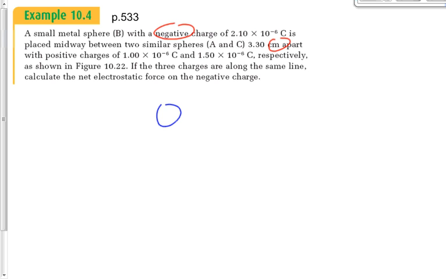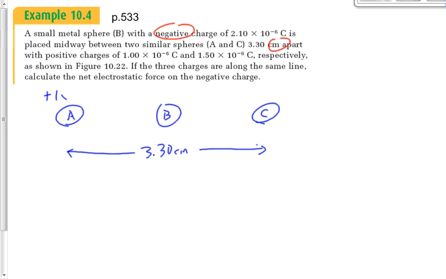We got sphere B, sphere A, and sphere C. Sphere A and C are 3.30 centimeters apart. Sphere A has a charge of positive 1.0 times 10 to the negative 6 coulombs. Sphere C is positive 1.5 times 10 to the minus 6 coulombs. And sphere B in the middle is negative 2.1 times 10 to the negative 6 coulombs.